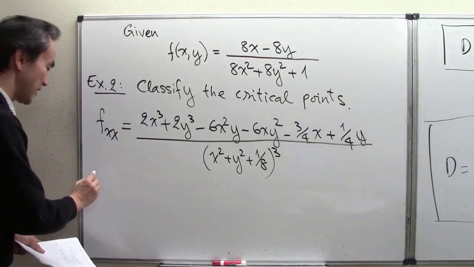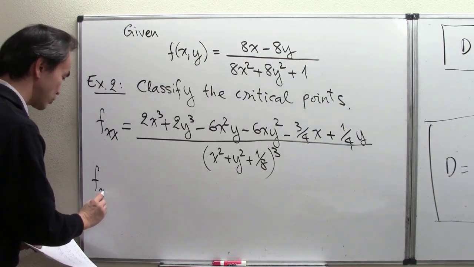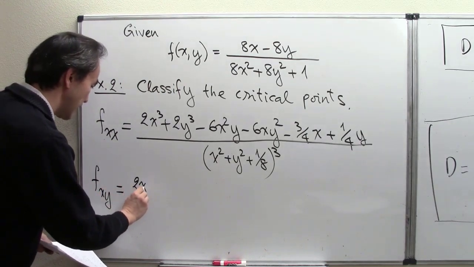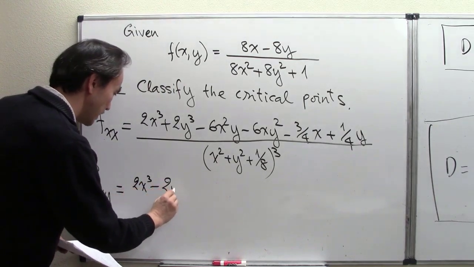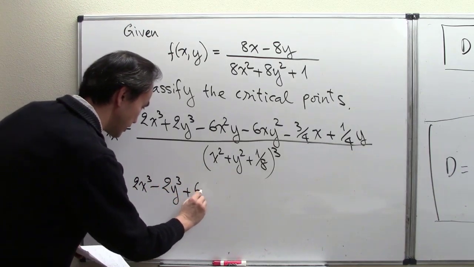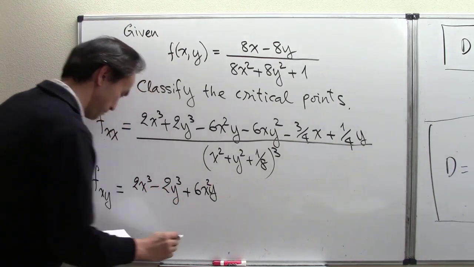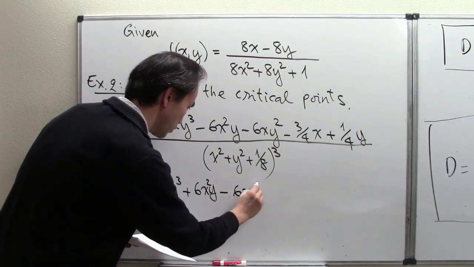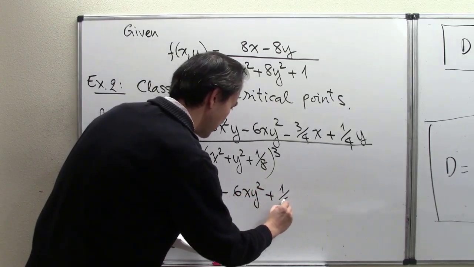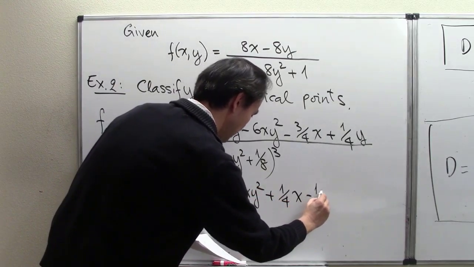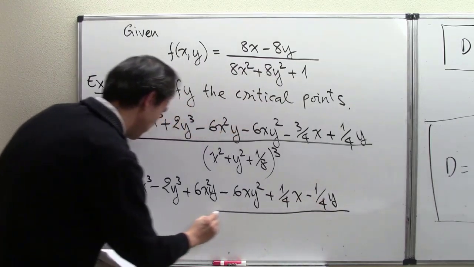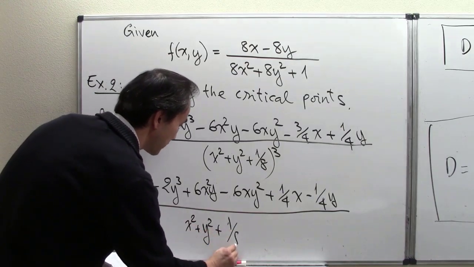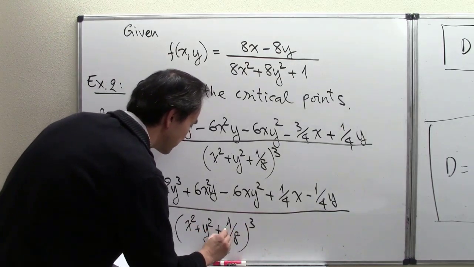Now I'm going to write down f_xy. F_xy for this function is going to be 2x cubed minus 2y cubed plus 6x squared y minus 6xy squared plus 1/4 x minus 1/4 y, over x squared plus y squared plus 1/8, cubed.